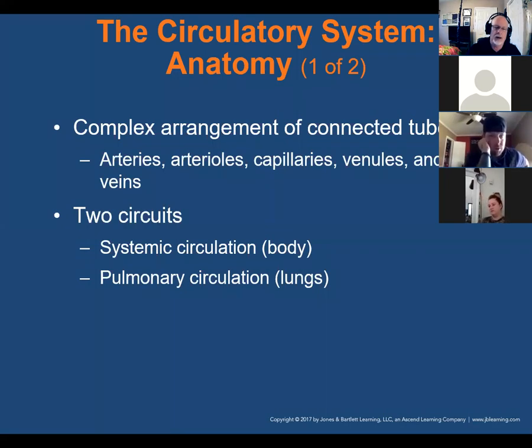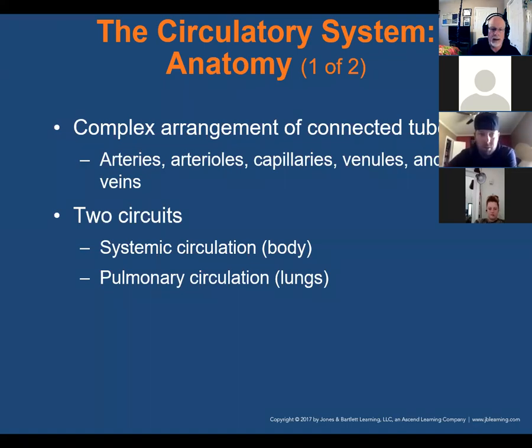And then that oxygenated blood comes back to the left side of the heart, and the left ventricle pumps it out to the whole body.